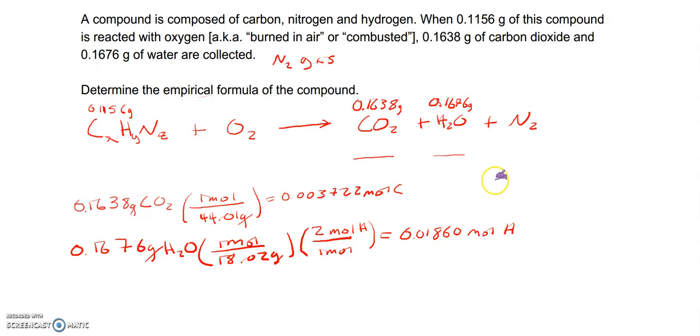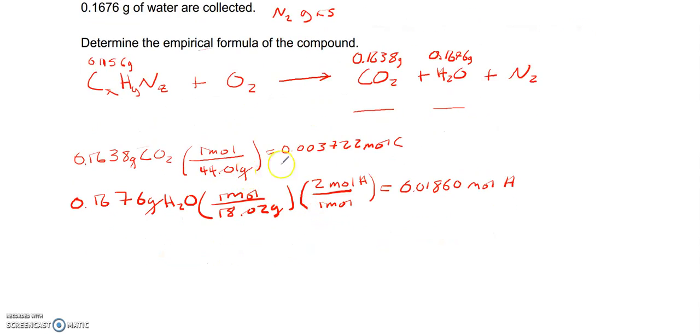So we're going to have to get to that number in a roundabout method using conservation of mass. We're going to take the mass of carbon and the mass of hydrogen, subtract them from the total mass up here to get the mass of nitrogen, and then we can convert that to moles.